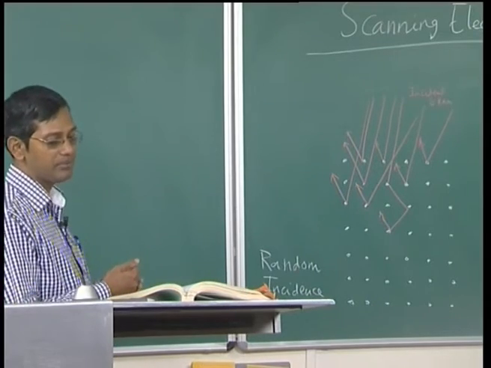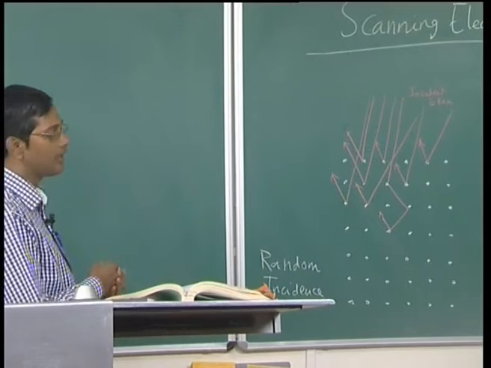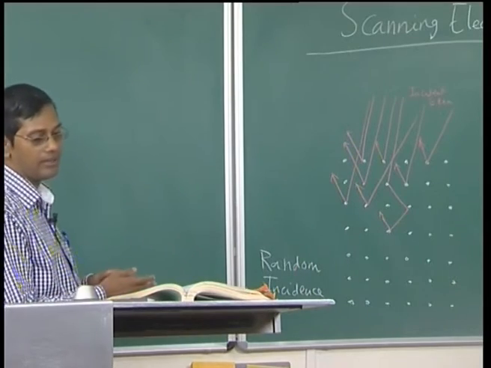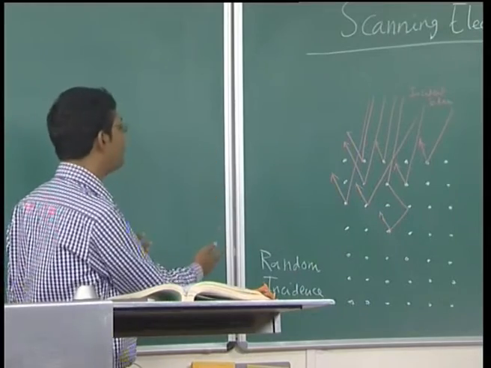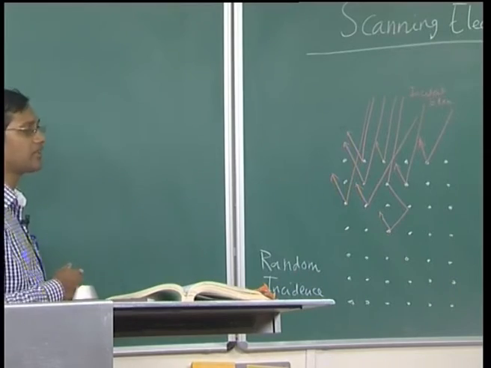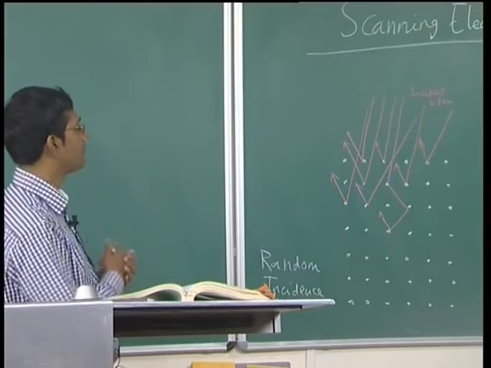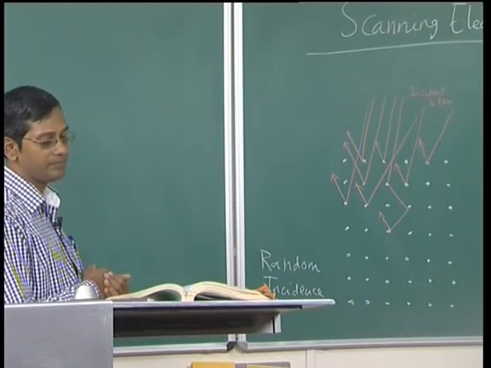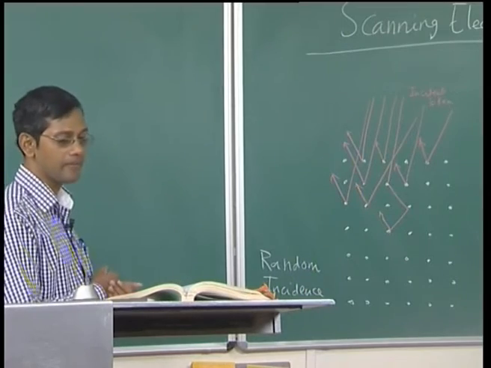Now suppose the angle of incidence of the electron beam on the crystal can be varied from random incidence to along a particular symmetry direction of the crystal. Then we can modulate the backscatter electron yield at different angles corresponding to the symmetry axes of the crystal.